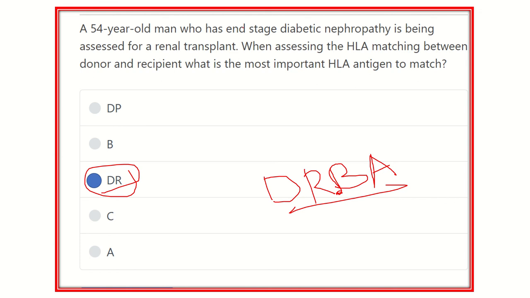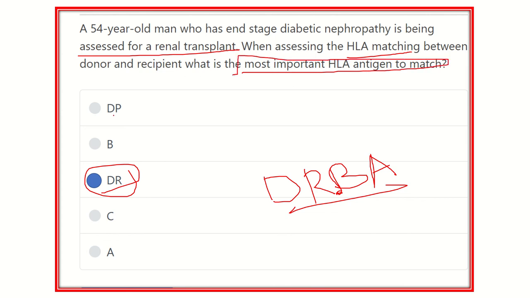And if we read the question again: a 54 years old man who has end-stage diabetic nephropathy is being assessed for renal transplant. When assessing HLA matching between the donor and recipient, what is the most important HLA antigen to match?